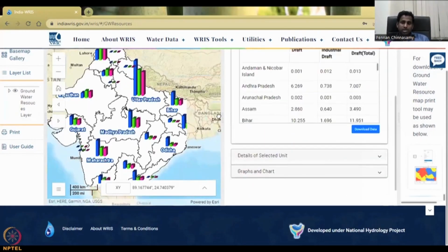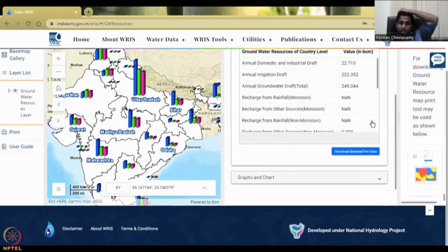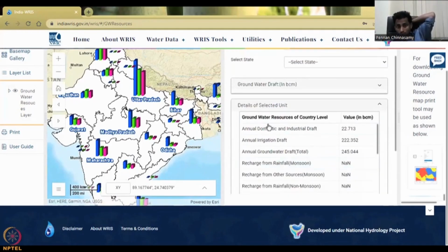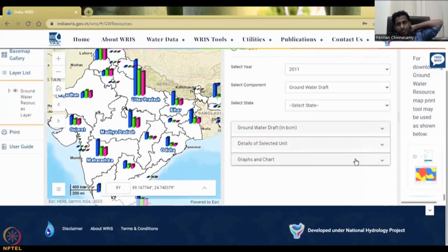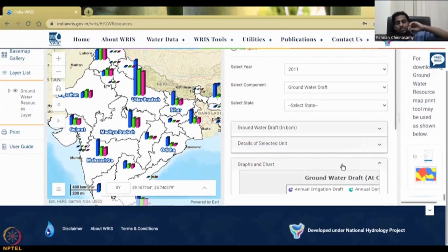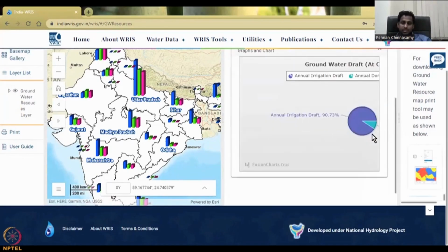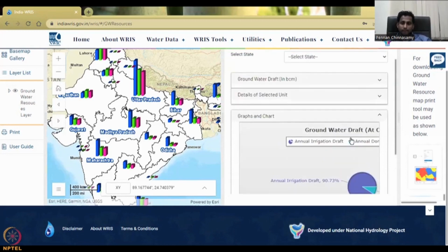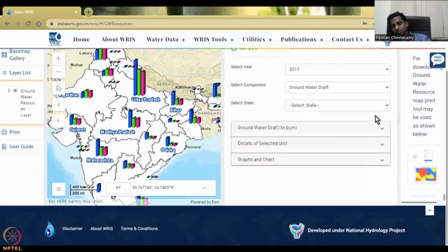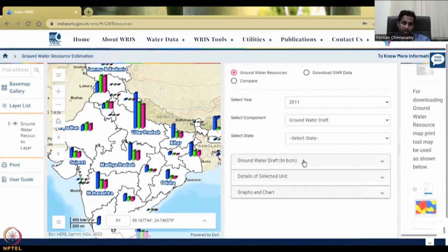You can download this data, see download data, and then you could also look at more details of the water budget. I'll come to that in a few seconds. Then you can also make graphs and charts for your colorful presentations like this. They're still updating, so you'll have some delay in the data.